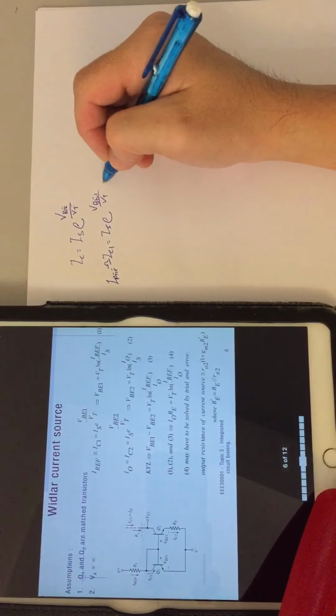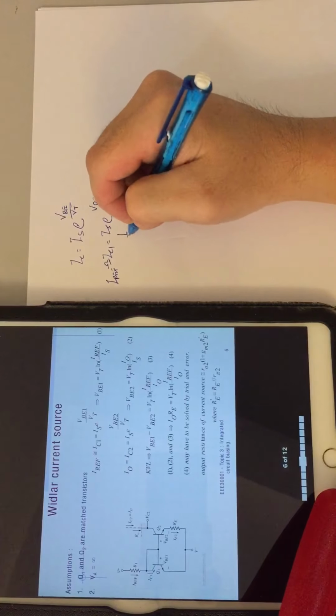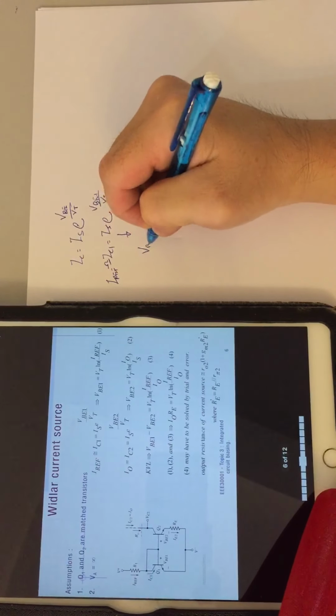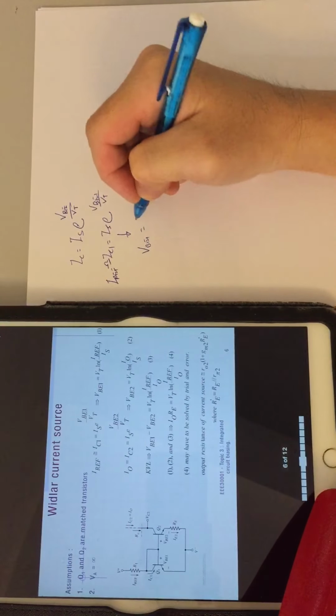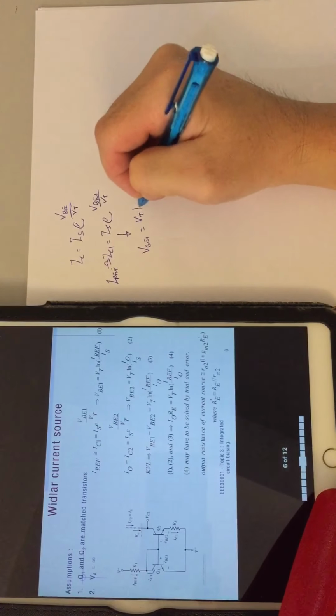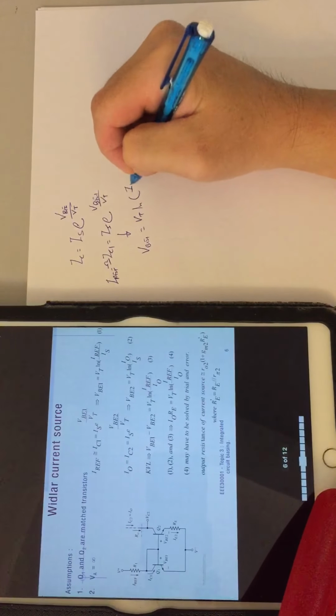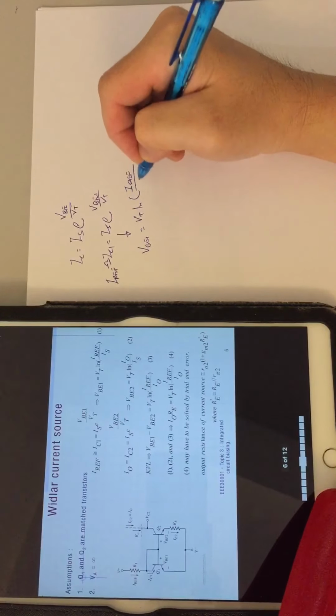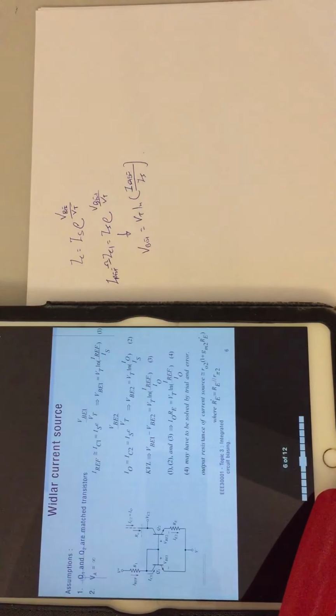So from this equation, we may derive the voltage across the base emitter junction, VBE1 equals VT ln of I reference over IS.